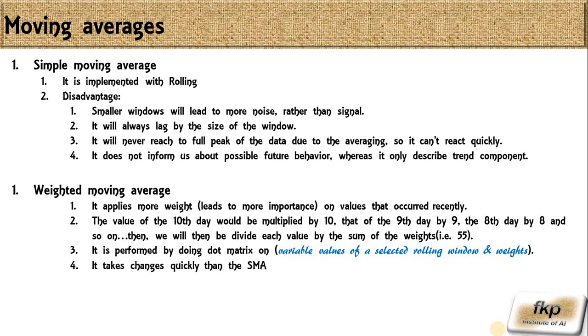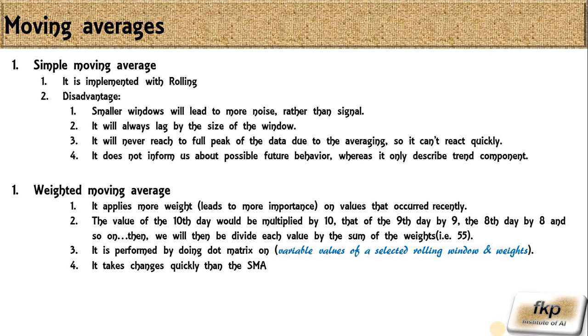Basically, this simple moving average will never reach the peak of the data, because it is an average. Its curves are always smooth, and it doesn't inform about future behavior, whereas it describes only the trend component.